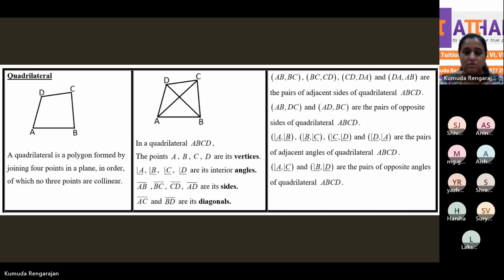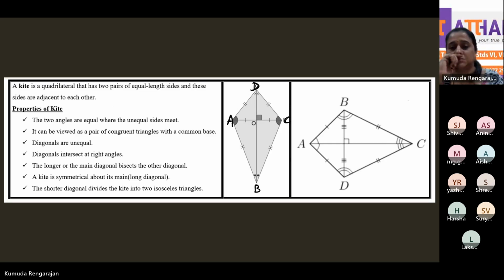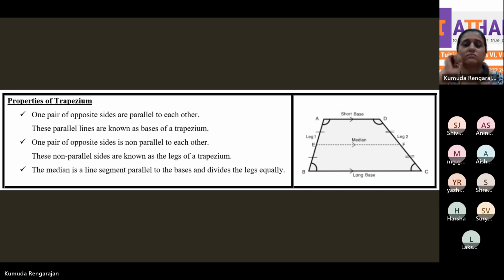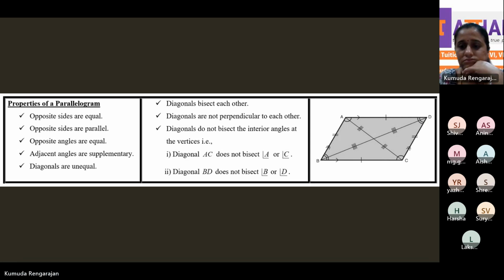Can I see the quadrilateral, the first slide once? This is the fourth one. Taken, ma'am.